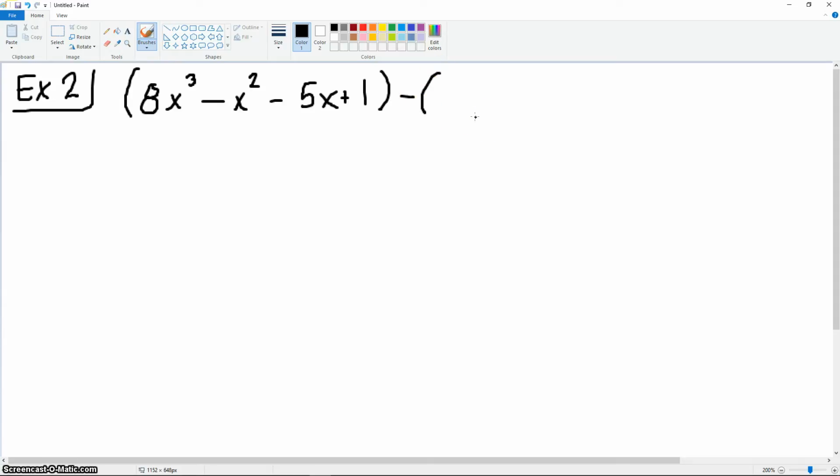Minus, and then we have 3x cubed plus 2x squared minus x plus 7.